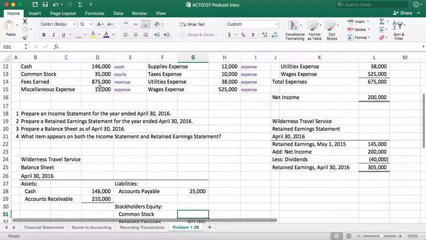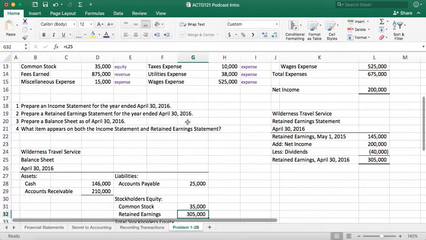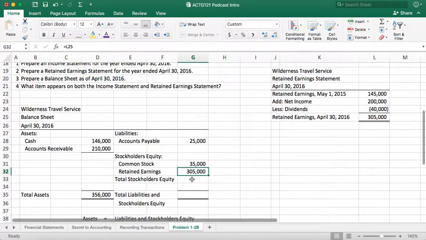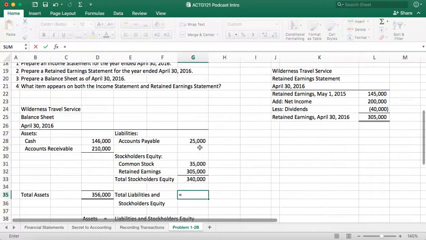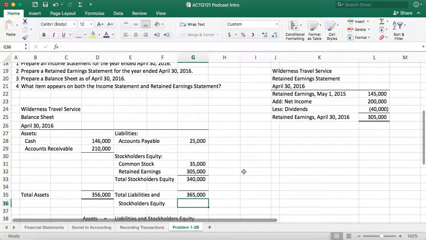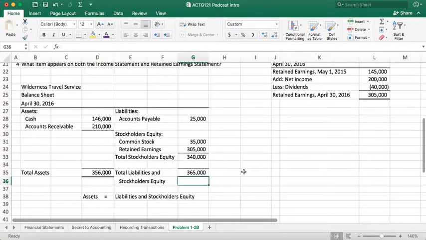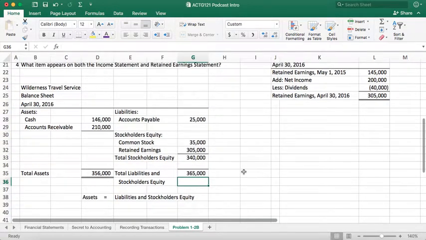There's only one, so there's no total. Common stock is 35,000. Total stockholders' equity is just the summation of those two. So here we go. Total assets, 356,000. Total liabilities and stockholders' equity, 365,000. So I've done something wrong.